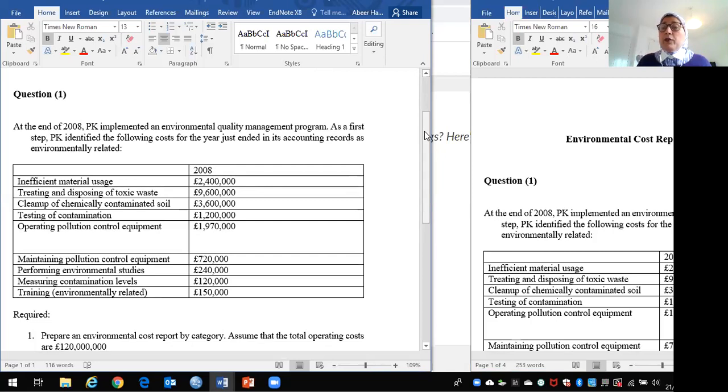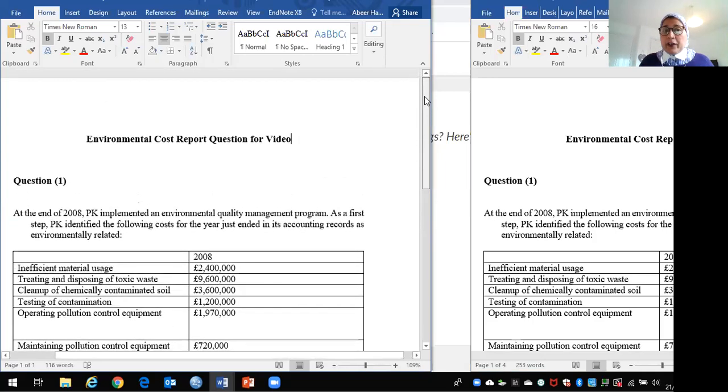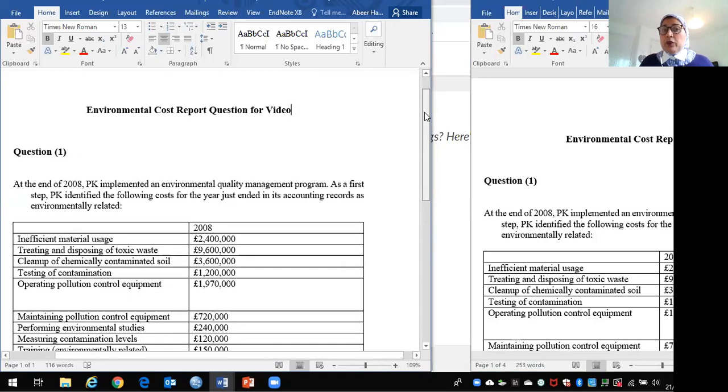I will focus on each one of them, and if I realize that this is too much, I might split this into 2 weeks. Anyway, let's focus on the first type of question, which is the environmental cost report.